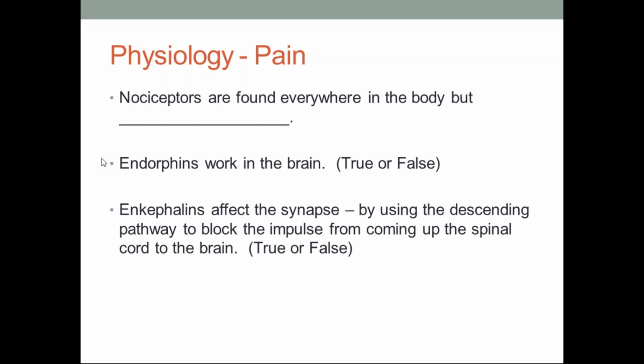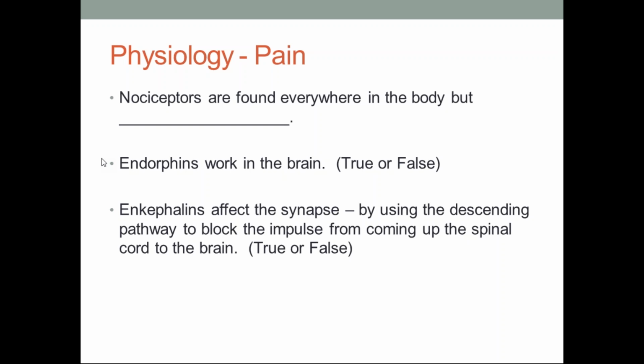Enkephalins affect the synapse by using the descending pathway to block the impulse from coming up the spinal cord to the brain. True or false? Absolutely true. So endorphins and enkephalins are sometimes lumped together, but they do work differently. Enkephalins are actually blocking the impulse of pain from coming up. Endorphins actually change the way you have an emotional attachment to your pain.